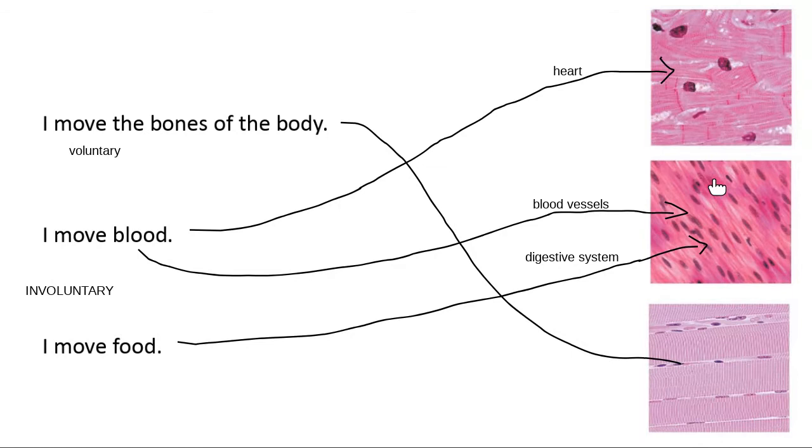And when we first talked about this in class, we talked about how that's a really good thing, because your entire existence would be making sure your heart never forgot to beat and making sure your blood vessels and your digestive system always contracted when they needed to. So we're really glad that we don't control these ones. Skeletal muscle is the one that we do control, and that's the one that allows us to do movements.